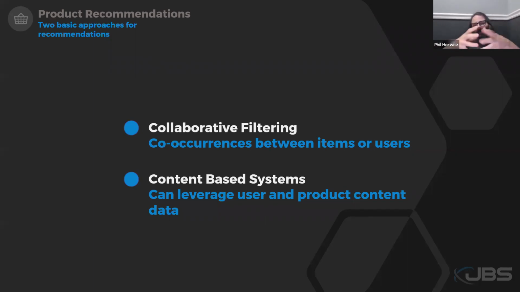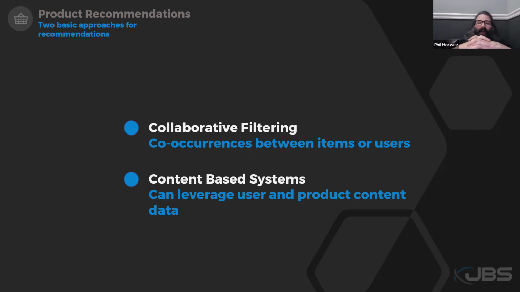Collaborative filtering is really based on the idea of co-occurrences, and co-occurrences is really just a fancy word for two or more things that occur together. And in this case, the things that we're looking at are users and products.